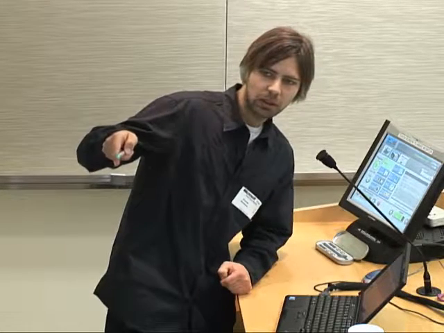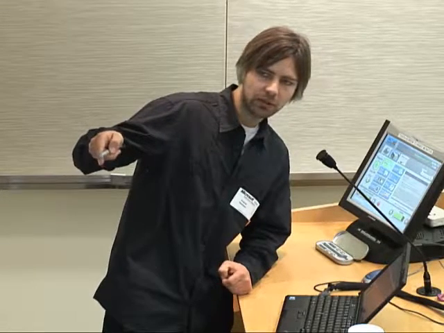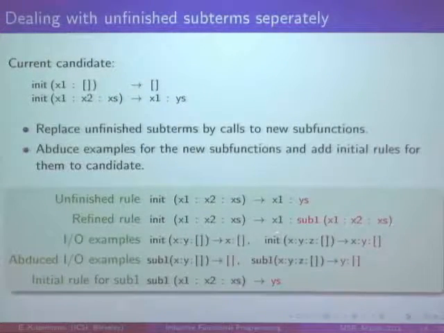Okay, so the unfinished rule was this. Then we replace this open variable by a call to a new subfunction, applied to the same input as the initial rule here. And then we derive I/O examples for the new subfunction just by taking the same inputs, because the pattern is the same.